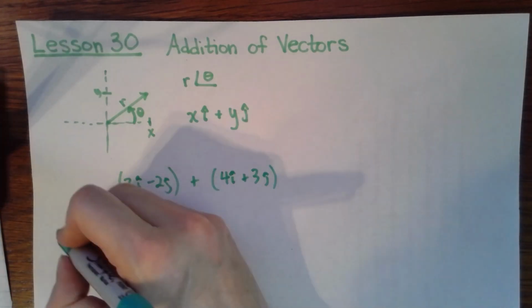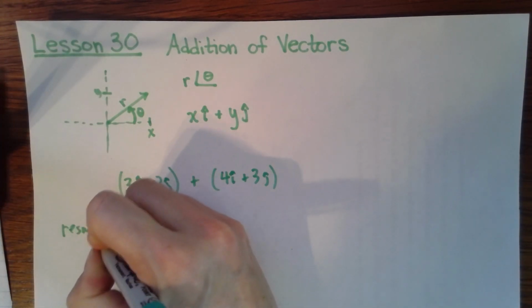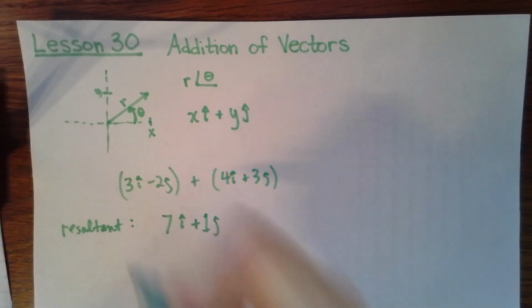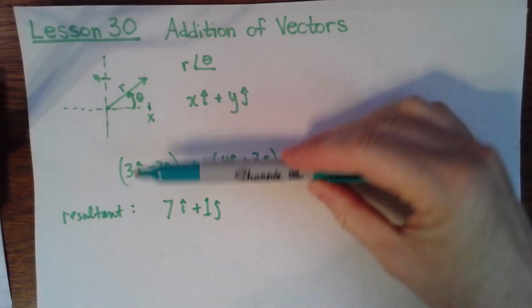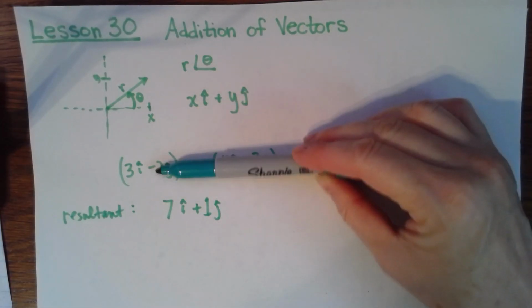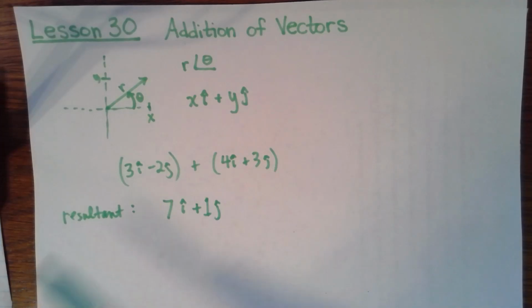And this was what's called the resultant. So if we have everything written in our rectangular form, it's just easy. You add the horizontal, you add the vertical, and you're done.